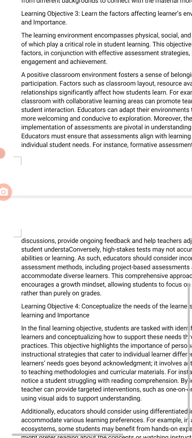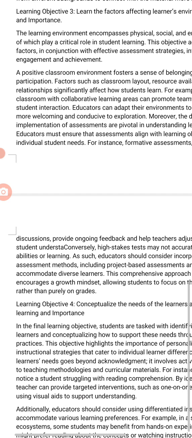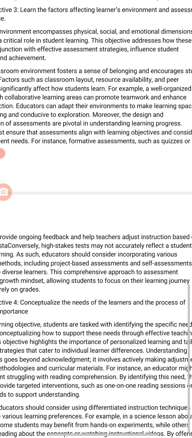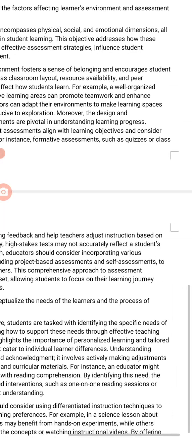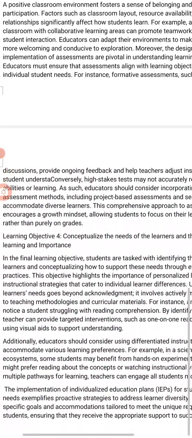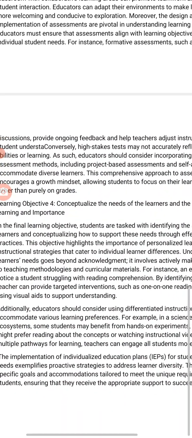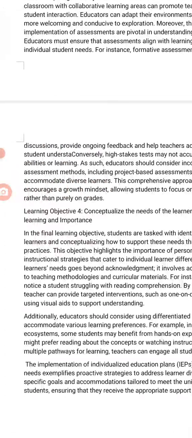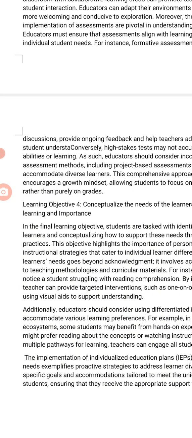In a positive classroom, an educator or a teacher must consider individual student needs if they want all the students to have effective learning. For instance, formative assessment such as quizzes or class discussion can provide ongoing feedback and help teachers adjust instruction based on student understanding.